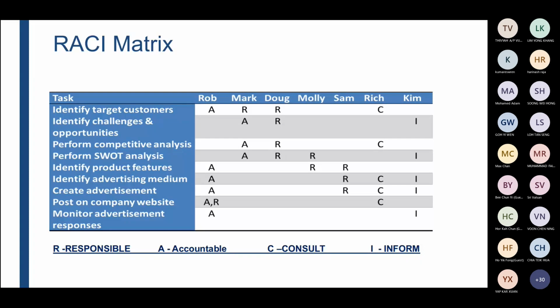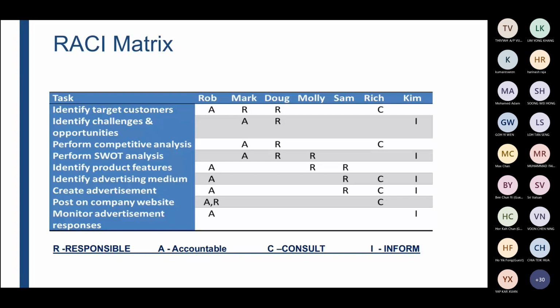So once you have this matrix chart, I'm very sure all the people or stakeholders, those who are the influencers, the most important people, and the people who will be mostly affected, are all understood, and they are consulted or informed of your project. That is the whole idea of having a RACI matrix.